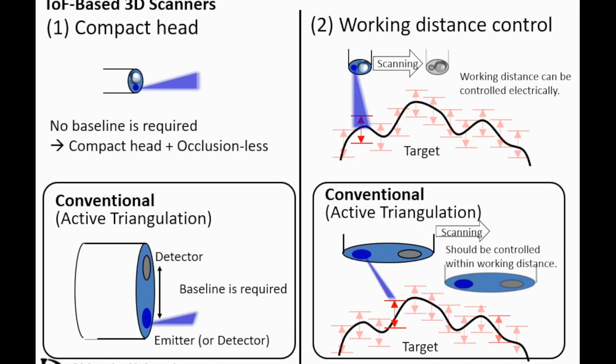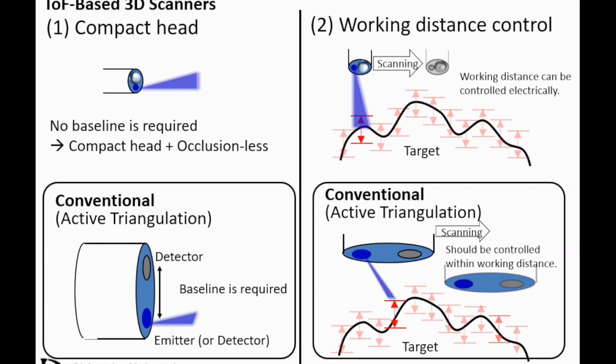Due to this baseline, the head size cannot be small. On the other hand, with the ToF-based 3D scanner, the baseline is not required. So we can obtain a compact head, and occlusion-less 3D scanning is possible.